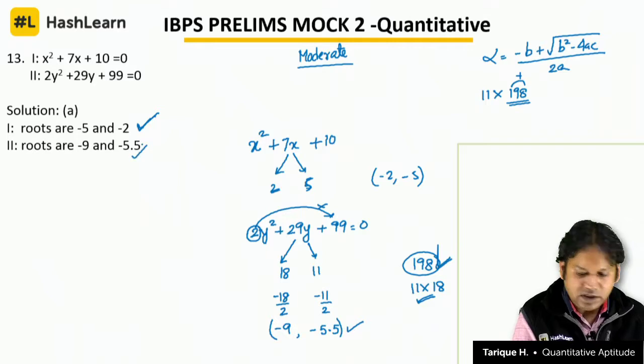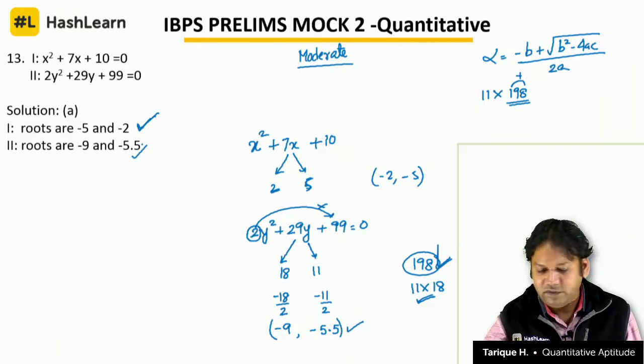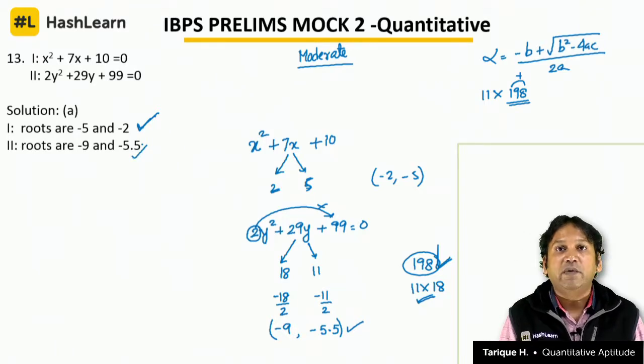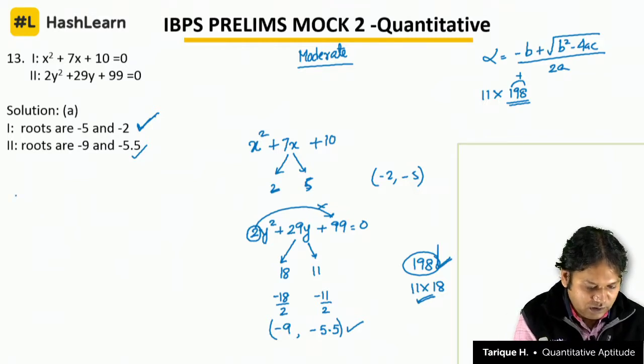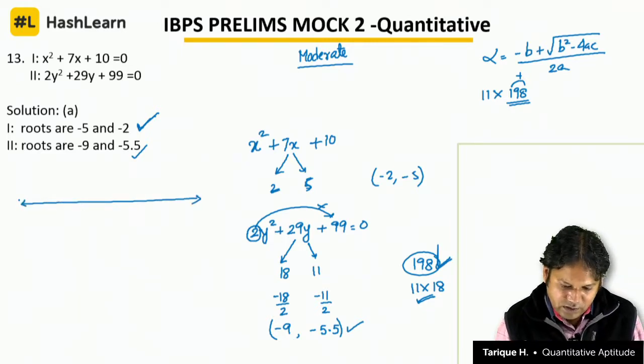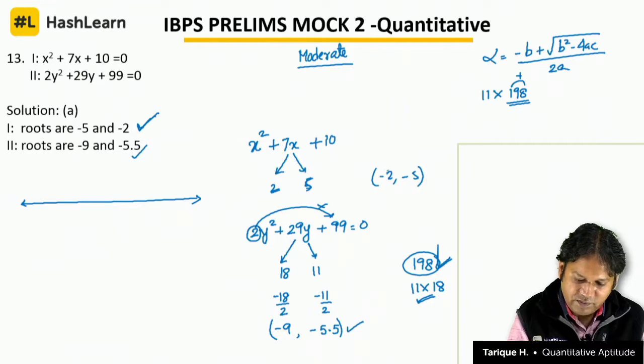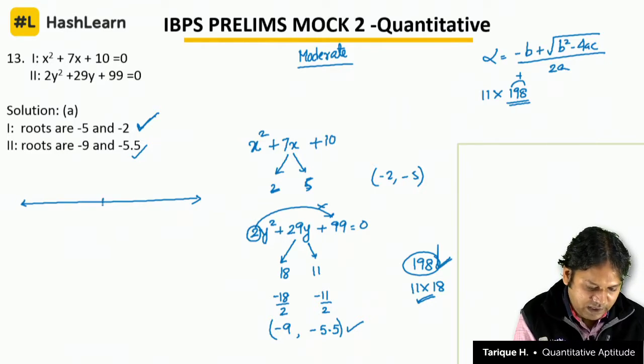So after getting the roots, it's not just done, we still have to do a lot of things. We have to find out whether the roots can be compared or not. So what we'll do is draw a line here, a number line, and plot the roots. Okay, so one is 2 and 5, one is minus 2, minus 5. So we know that minus 2 is here, minus 5 is here. This is your value of x.